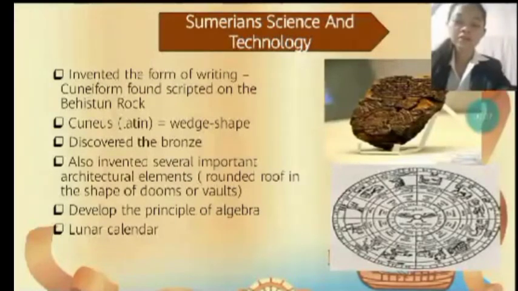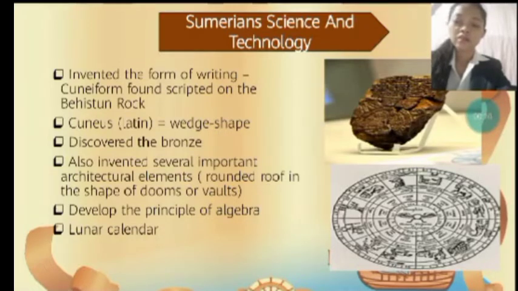The Sumerians also invented several important architectural elements such as rounded roofs in the shape of domes or vaults. The most striking Sumerian structure were the ziggurats.